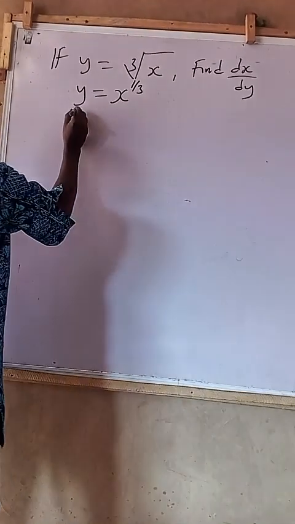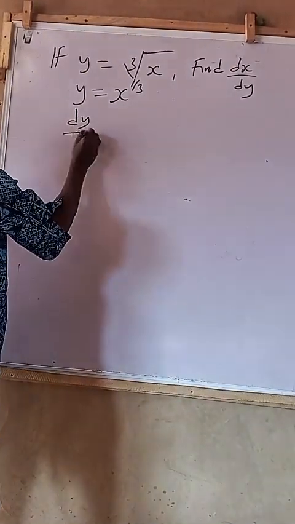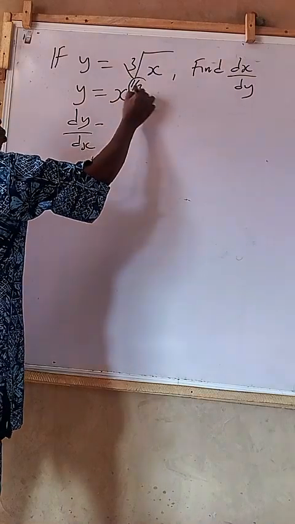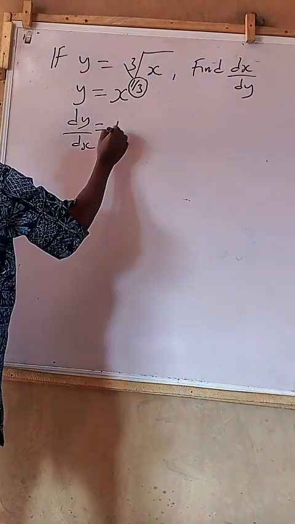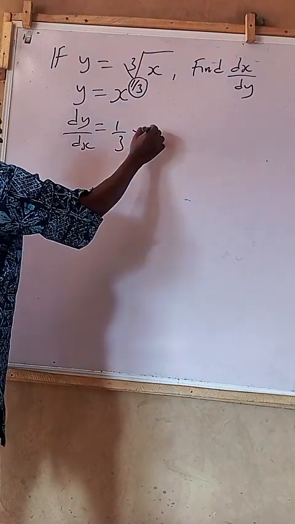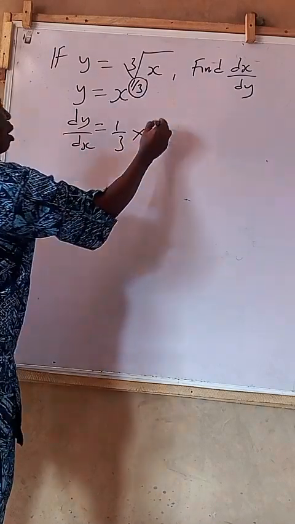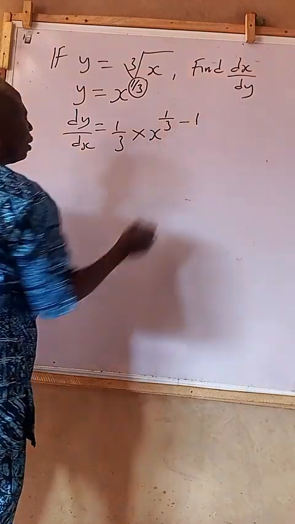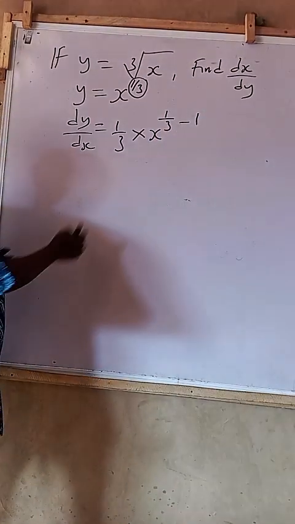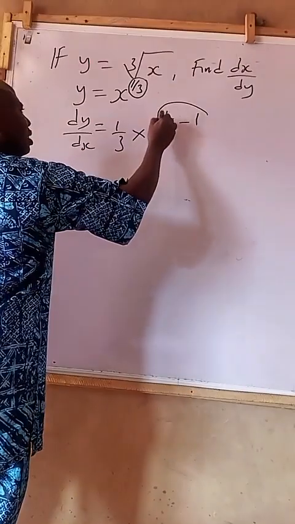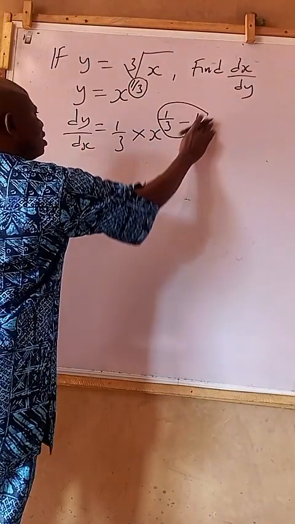The dy/dx. We use this power here, which is 1/3, multiplied by x to the power 1/3 minus 1. Find the LCM of this.